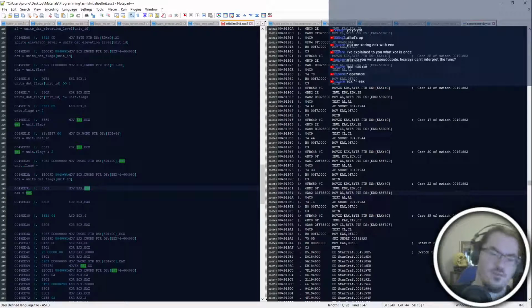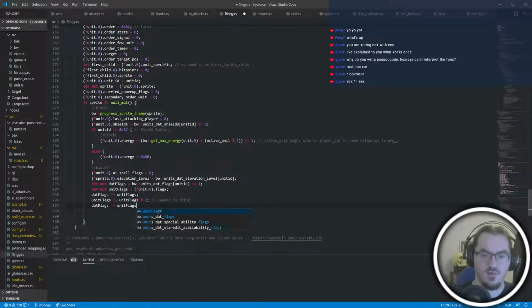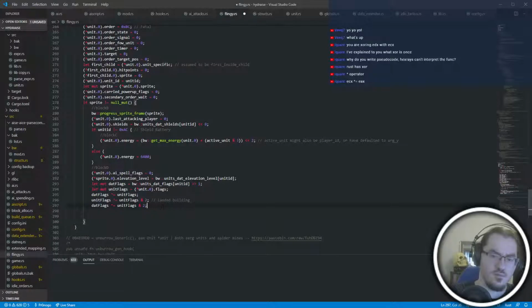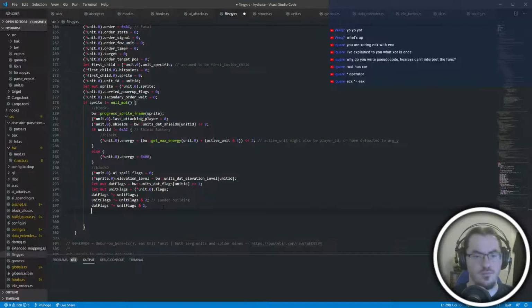So then we should do dat flags, unit flags 2, and then unit flags 4.